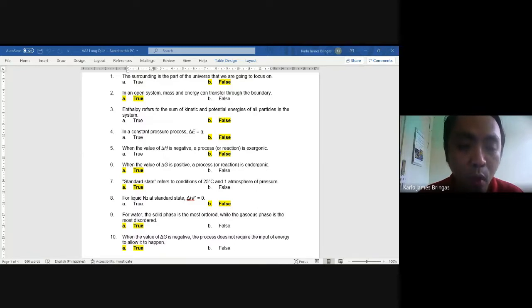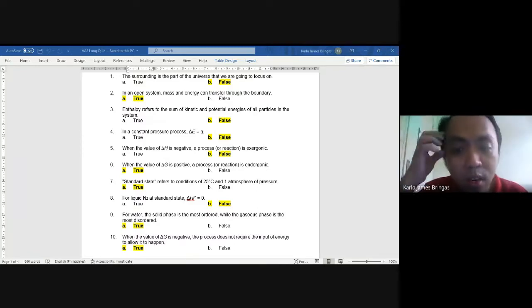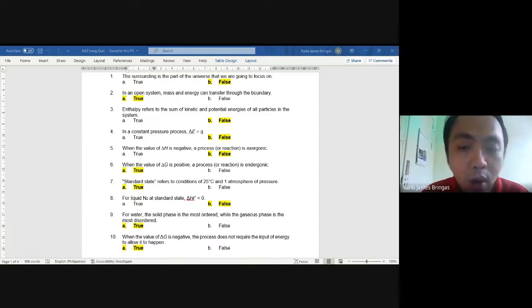So this one is false. We know that this one is false because in our day-to-day experience, the nitrogen in our atmosphere is gaseous. So that is why liquid nitrogen is not the form of nitrogen at standard state. So that's number 8. We have number 9 up next.